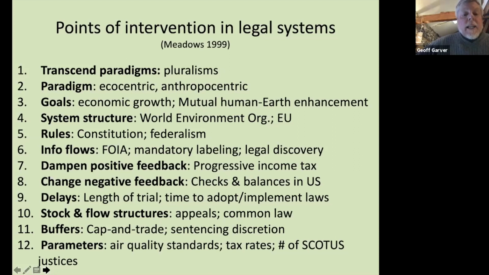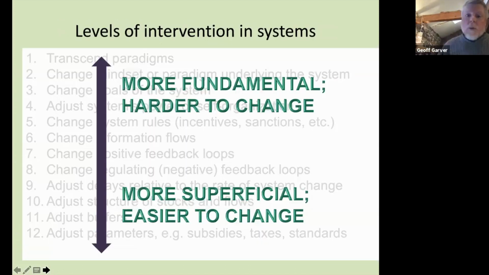And the superficial things are the kinds of things that our laws often tend to deal with, things like our air quality standards, tax rates, the number of Supreme Court justices in the United States. Those would be the most superficial level of the kinds of things you can change in a system. So it just goes to show how difficult some of this work could be. Again, the deep-seated ones are more fundamental, harder to change. The more superficial, in theory, easier to change.